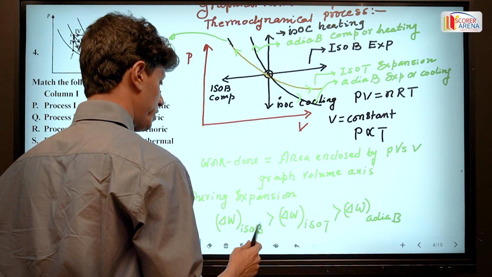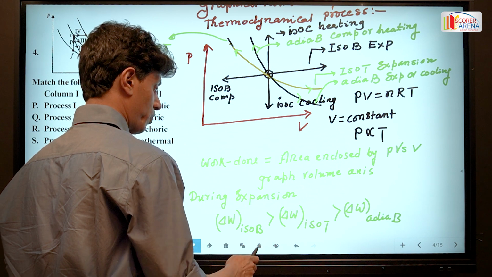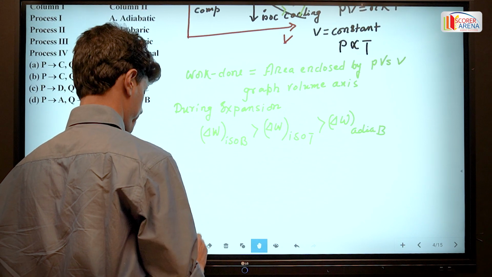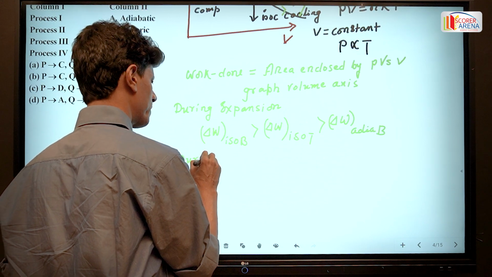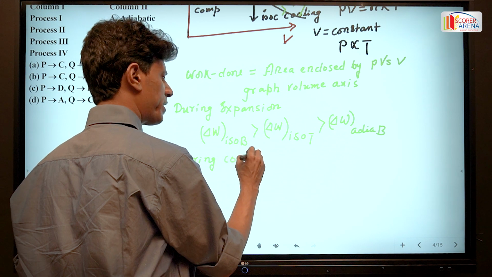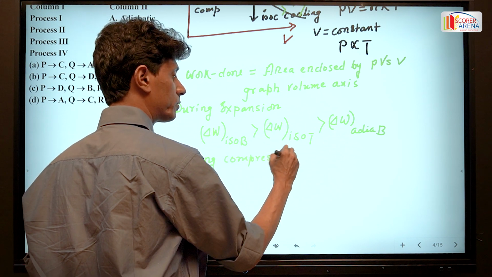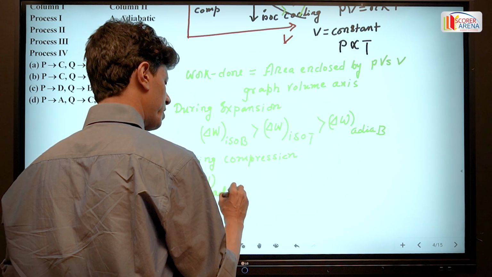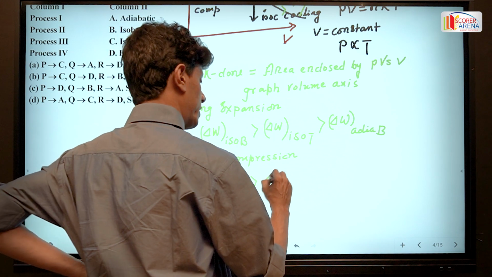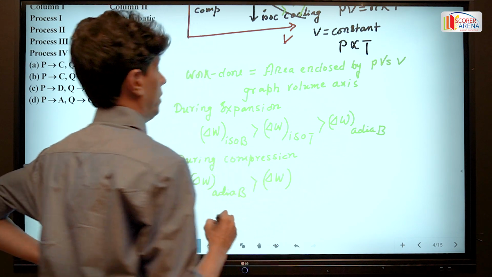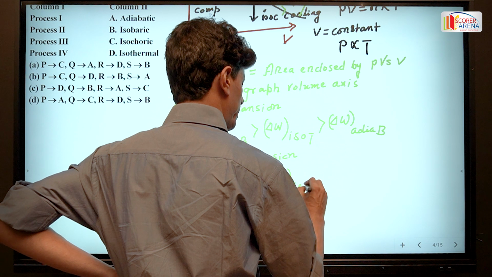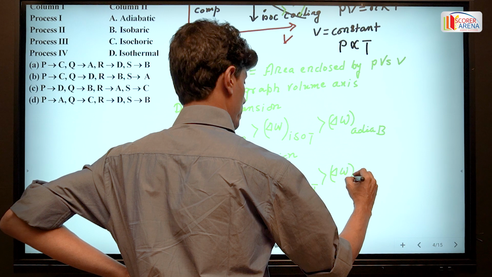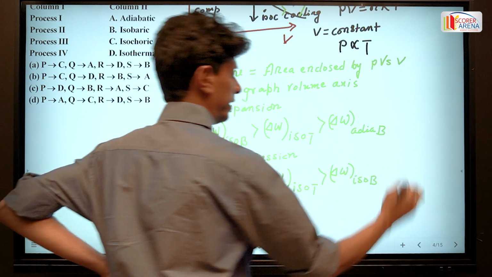So therefore during compression, work done in adia-B is greater than work done in iso-T, greater than work done in iso-B.